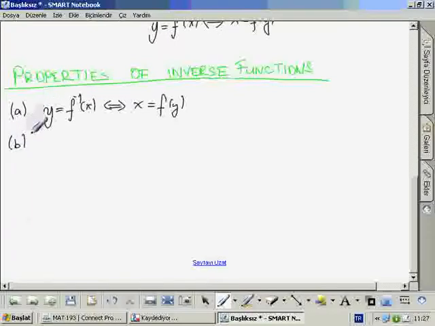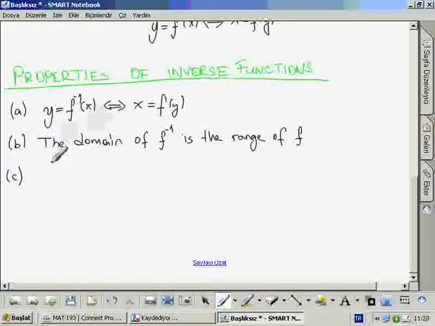B, that's important, the domain of inverse f is the range of the f function.